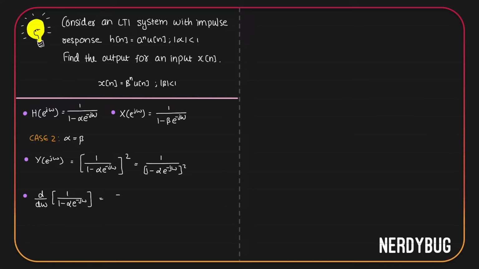It is going to be minus 1 by (1 minus alpha e raised to minus j omega) squared multiplied by the differentiation of the denominator. It is minus alpha e raised to minus j omega multiplied by minus j. There is a minus here, there is a minus here. Let us cancel them. Let us take j and alpha to the other side. It will become 1 by j alpha.